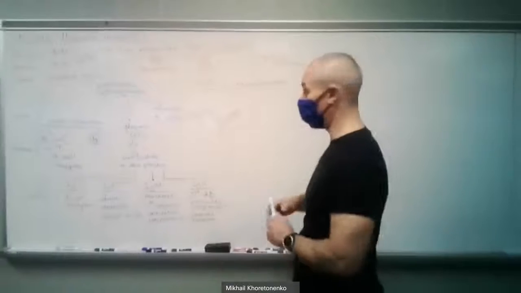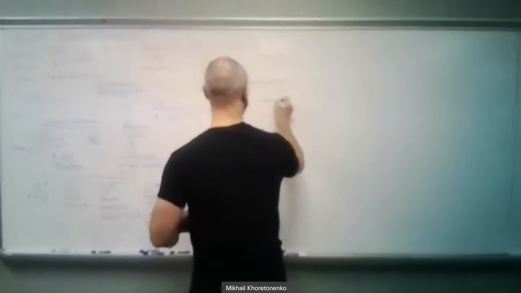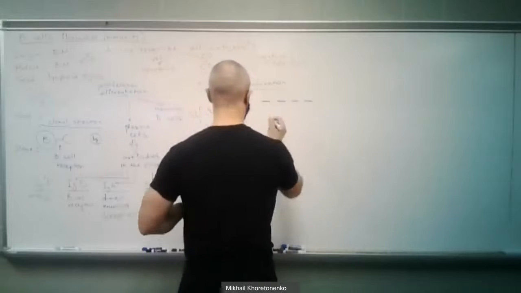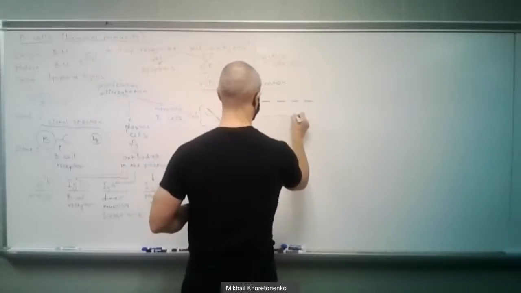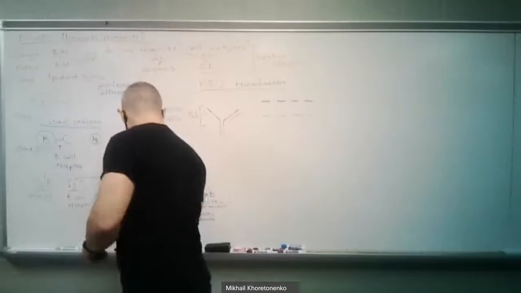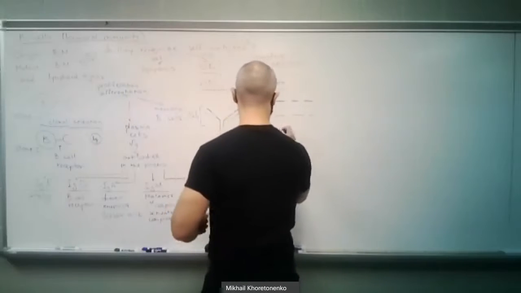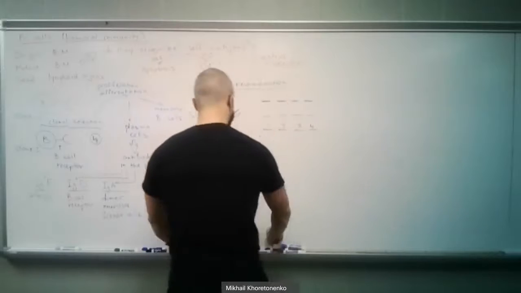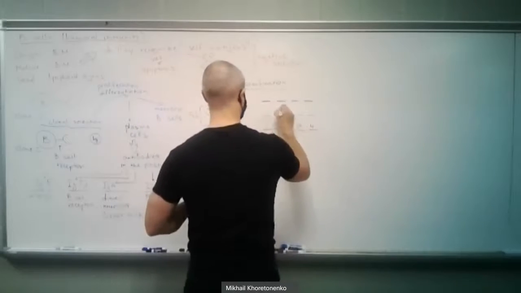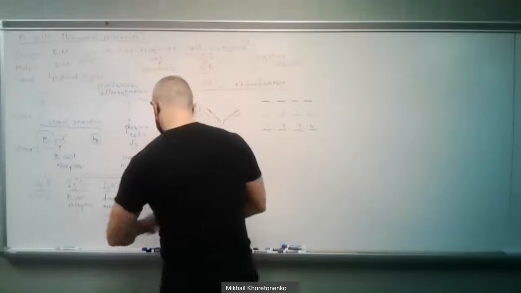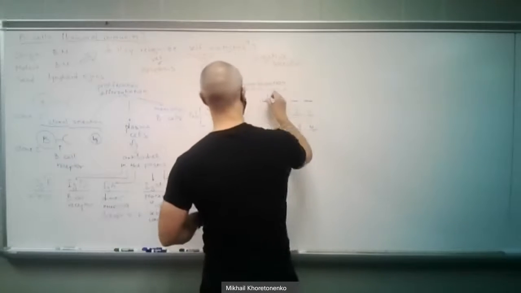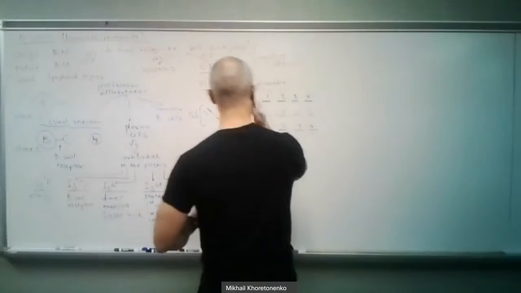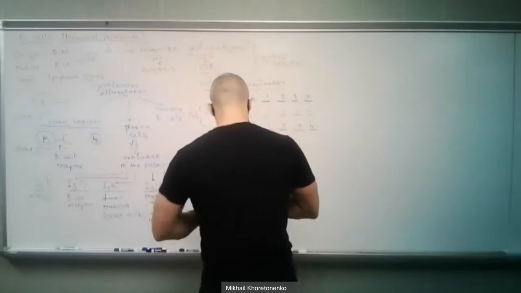Let's talk about the heavy chain first. In order to produce the heavy chain, we have sets of genetic fragments. We're going to give them numbers: 1, 2, 3, 4, and 1, 2, and let's say 3.